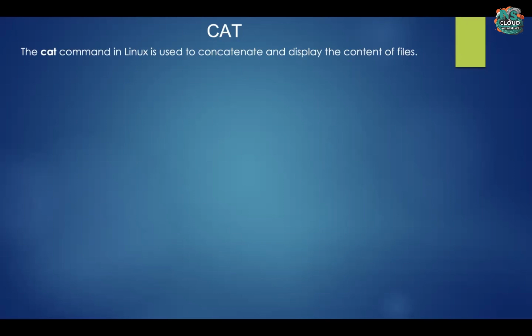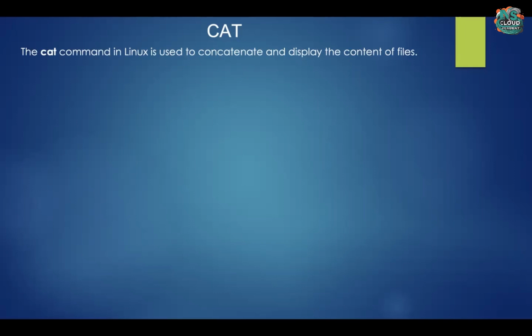So the next command is the cat command. So what is the use of the cat command? The cat command is used in Linux to concatenate and display the content of a file, just like if you have any txt file. In Linux, if you have any txt file, you can see what is written inside the file without opening it, right?